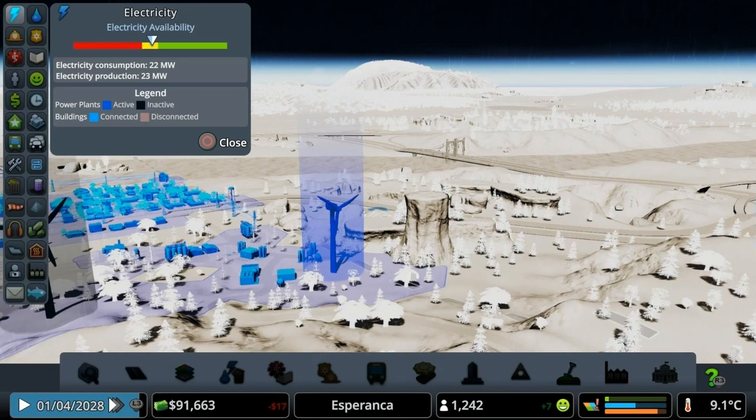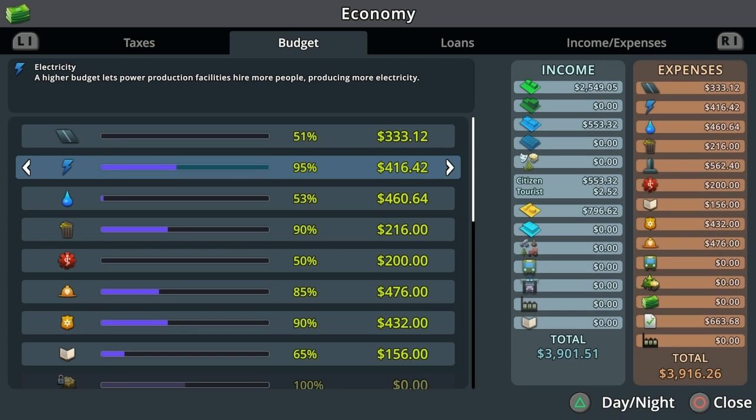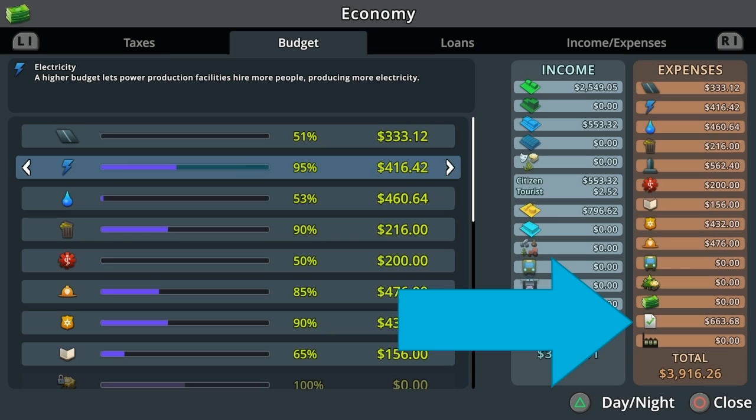That is the minimum, so we can compare. And the budget 416. But look what happened in the policies expenses: 663. If you add it to the other 416, you will see that we are spending more than 1,000 just on electricity.